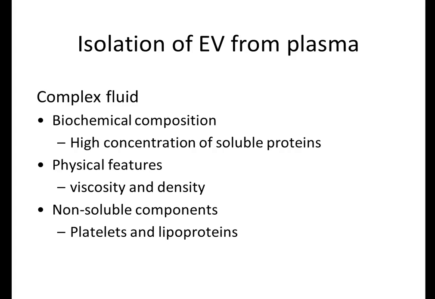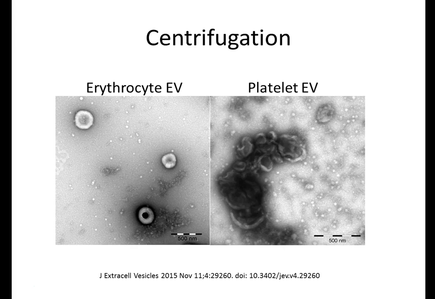You have small cells present called platelets, which cause problems because they may overlap in size and density with your vesicles. And of course you have lipoprotein particles and chylomicrons present. And sometimes, especially in non-fasting subjects, these are present in very high concentrations.